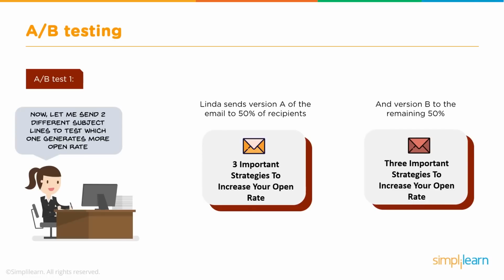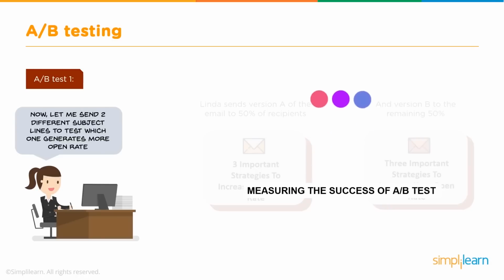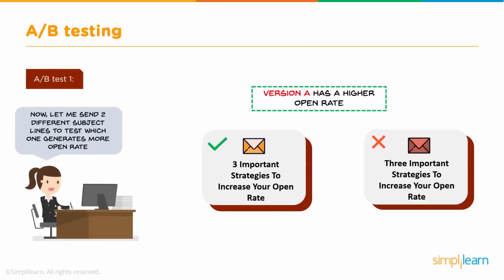Version B, which is sent to the other 50%, has the subject line, "Three important strategies to increase your open rate." So the only difference here is the number 3 versus 3 spelled out. Because she sent out 2 different subject lines, she's now able to measure the success of that A/B test. Okay? And it just so happens version A has a higher open rate. Numbers always tend to work in subject lines, by the way.